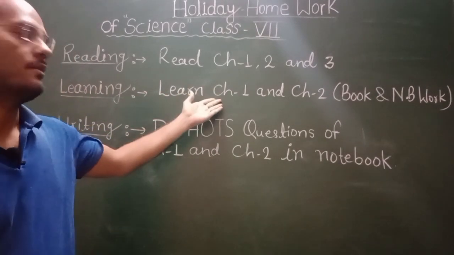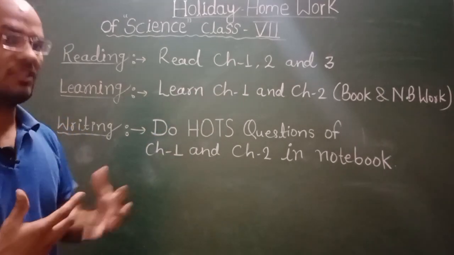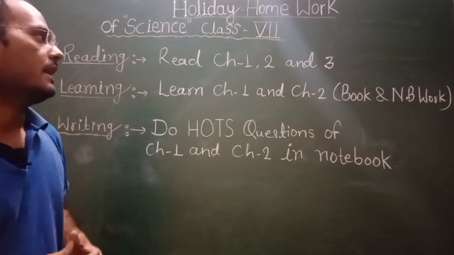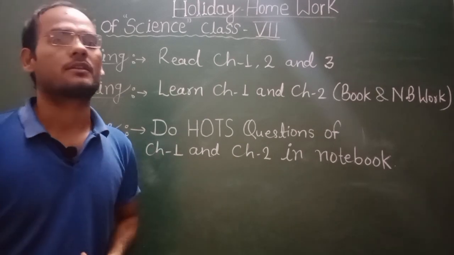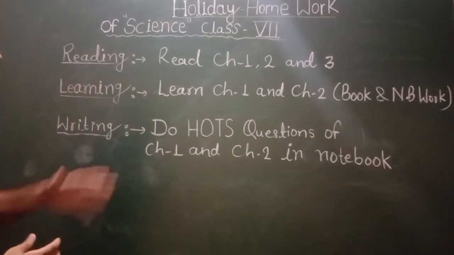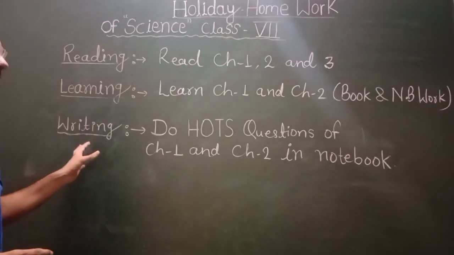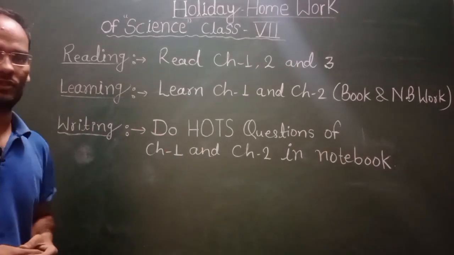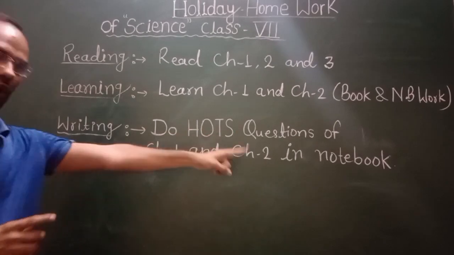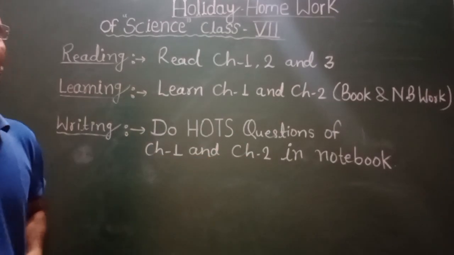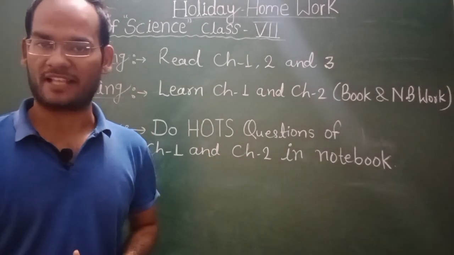So you have to learn and memorize again. This is the memorization part, and in this part you have to learn all types of questions of chapter 1 and chapter 2. Is that clear? In writing you have to do the hot questions. Clear? In your notebook. After that we will discuss activity based questions.